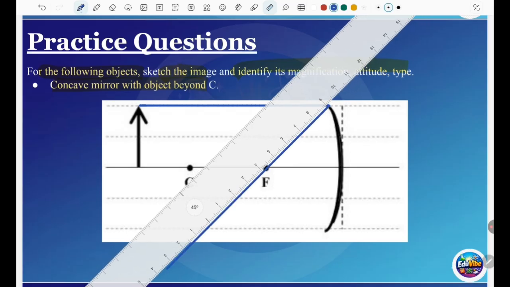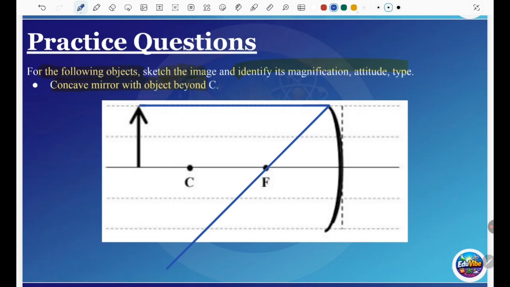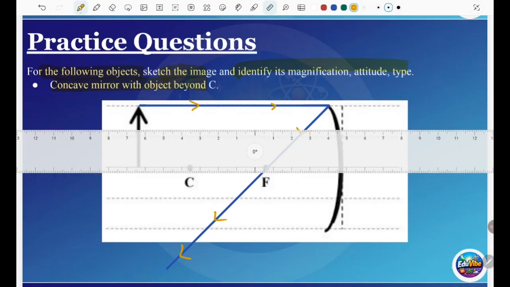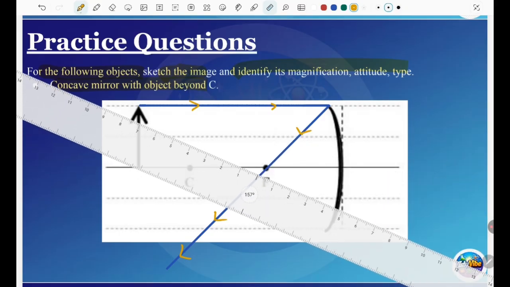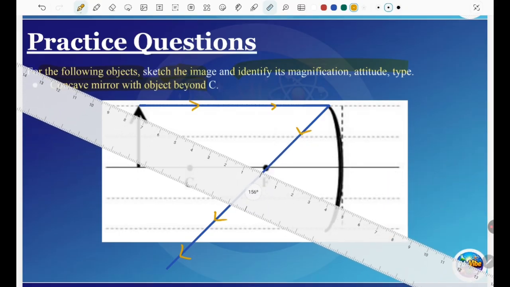You can make your arrows for your convenience. Now I will make another ray going through the focal point and then parallel to the principal axis, which is the opposite of this.